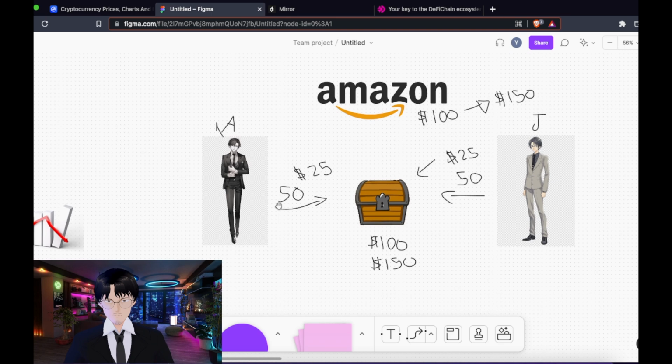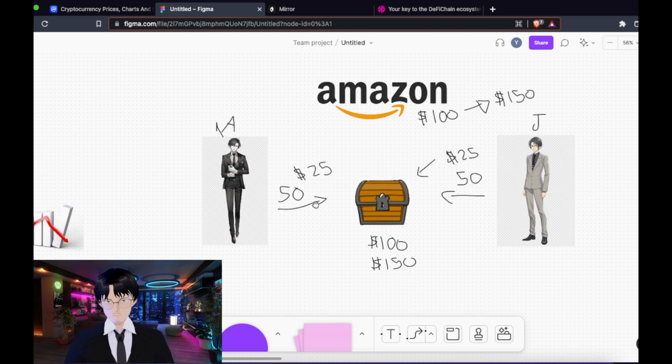So what they'll do is they'll put a chest in the middle of the room and they both deposit $50. And they both agree from now on that the chest will represent one share of Amazon stock.